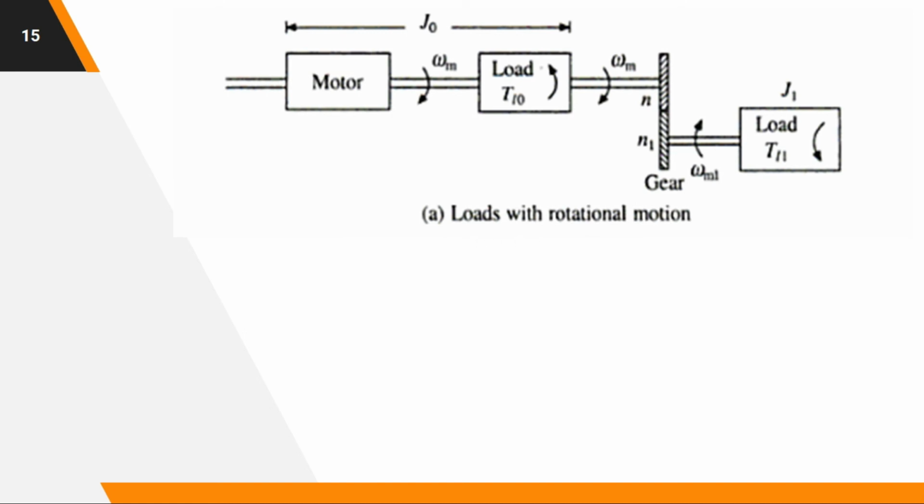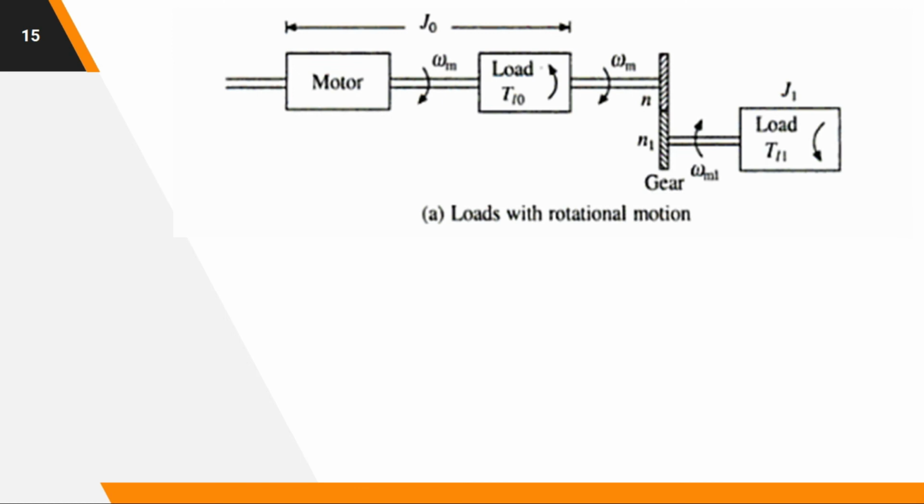Here is a motor, and directly to the shaft one load is connected, and through a gearbox another load is connected. So let us consider two loads. This load is directly connected to the shaft of the motor, and the other is through a gear with N and N1 teeth as shown in the figure.